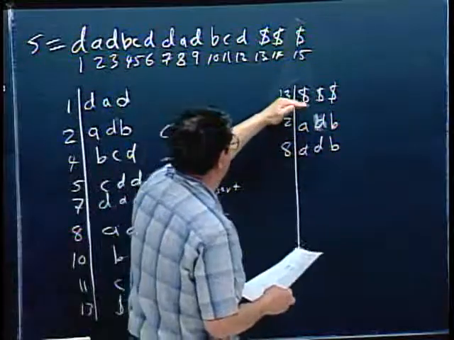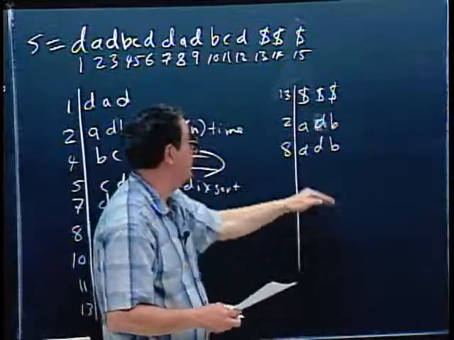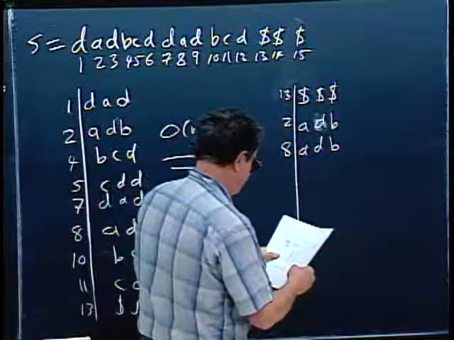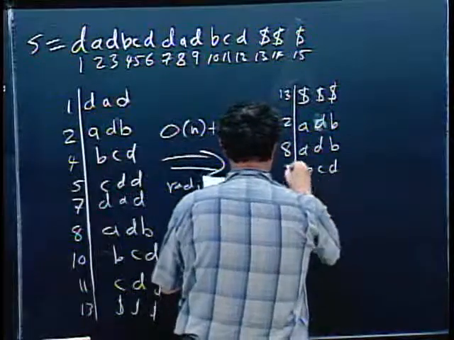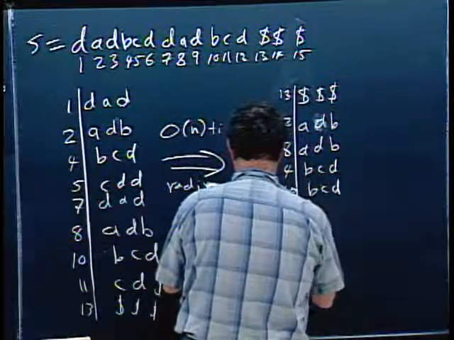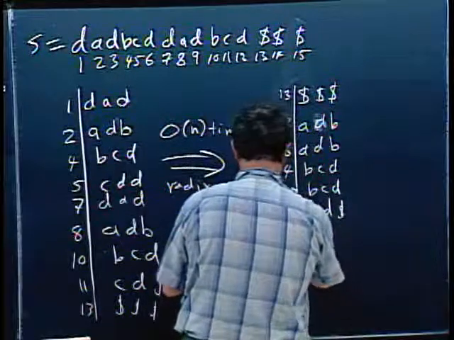So I'm just writing down here what the triples are in the lexicographic ordering, smallest first, and I'm also writing down what the original positions were. So BCD, that was at position 4. Another BCD was at position 10. Then there was a CD dollar sign at position 11.